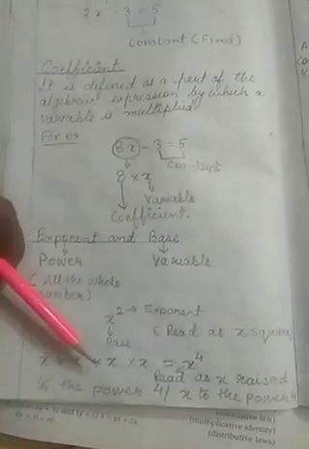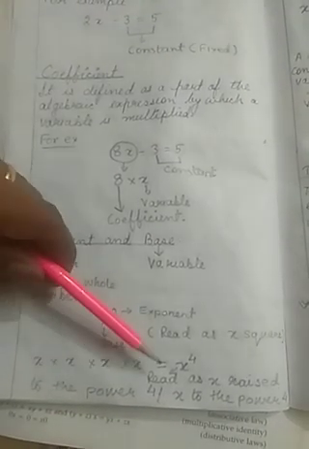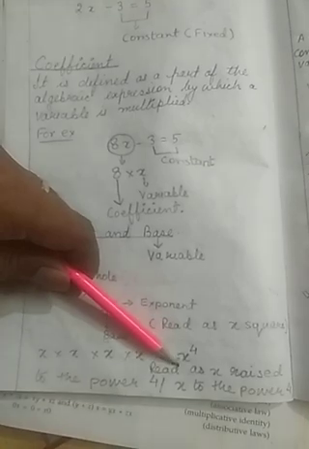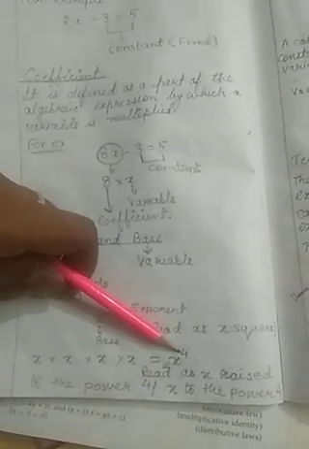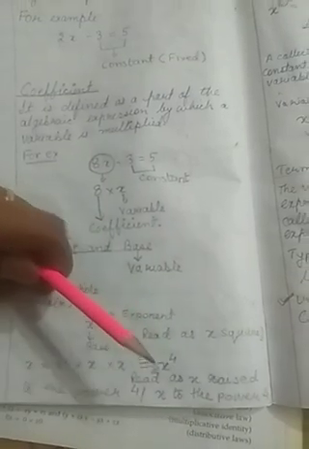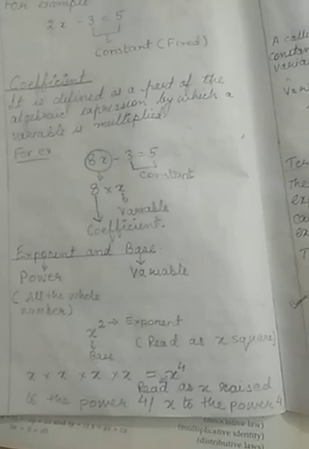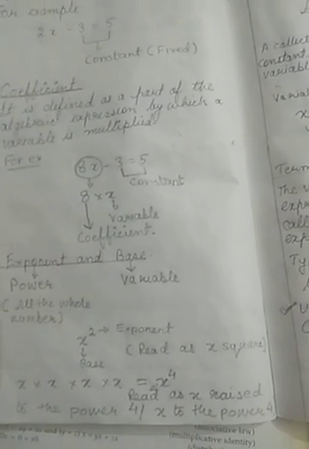Now here x into x into x into x, how many times x are multiplied? 4 times. So here x will be the base and 4 will be the exponent or power, and we will read as x raised to the power 4, or we can read as x to the power 4.